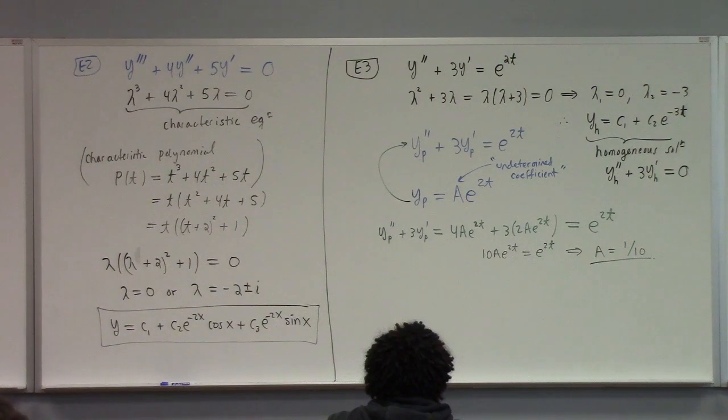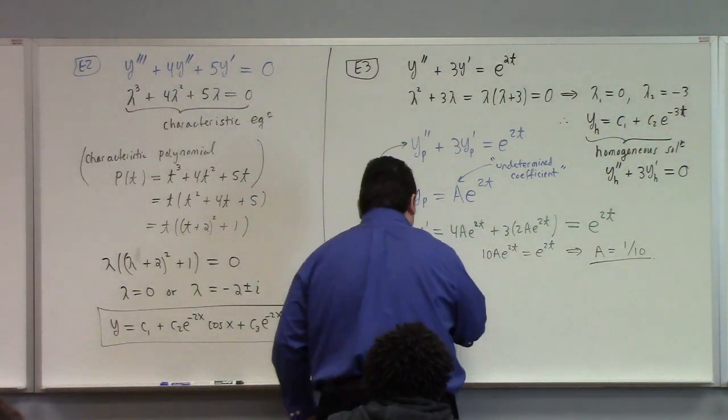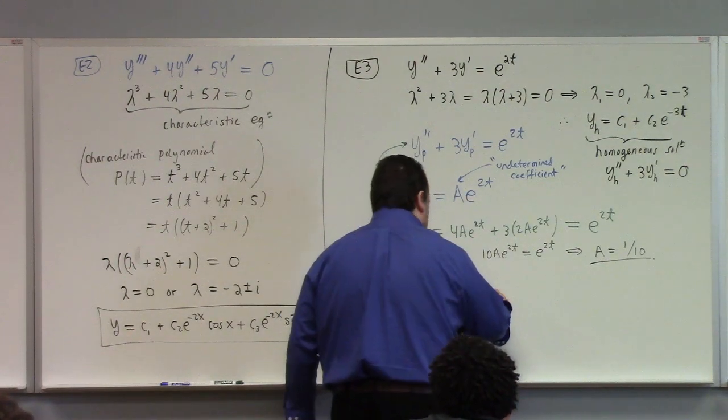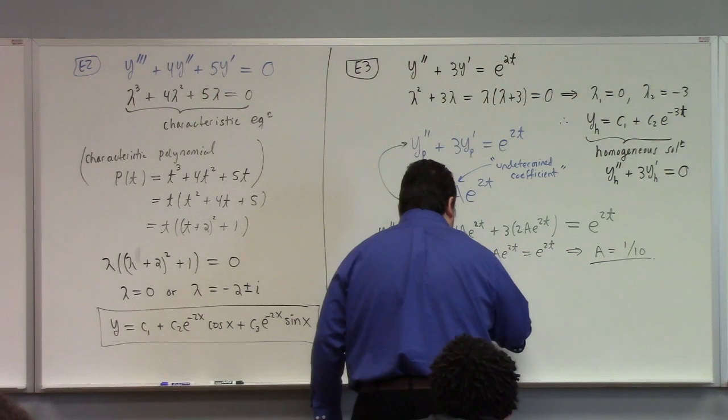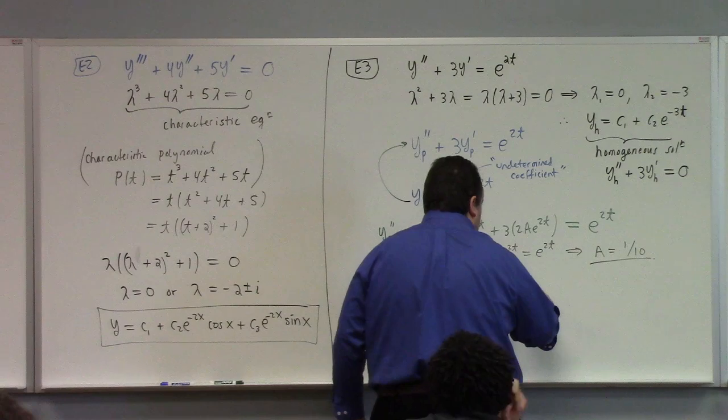So what's my solution? Therefore, here we go. We have now solved the problem. y is equal to the homogeneous plus the particular. That's how to find the general solution in the non-homogeneous case.